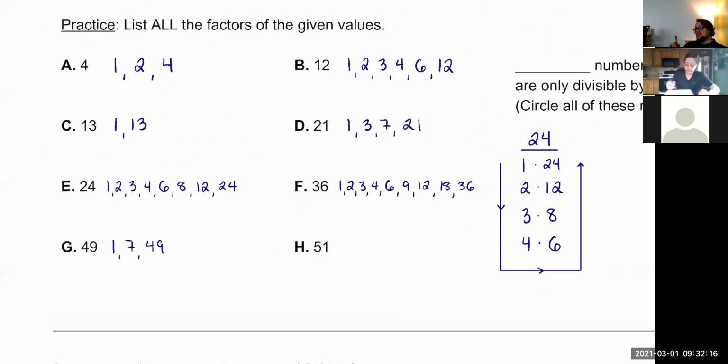It's like 1, 3, 5, 7, 9. So it's an odd number. Odd numbers do not divide nicely by 2. It does divide by 3, however. 3 times what? 3 times 17. So the factors of 51 are 1, 3, 17, and 51.